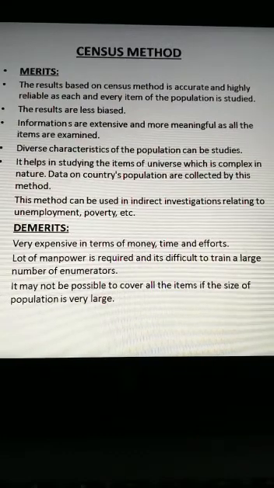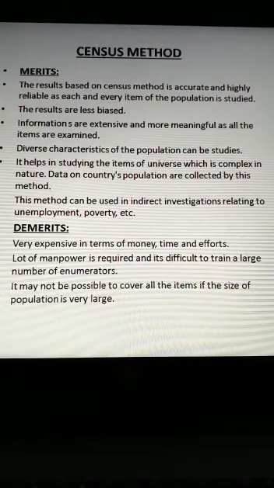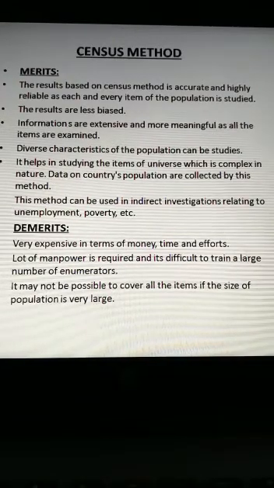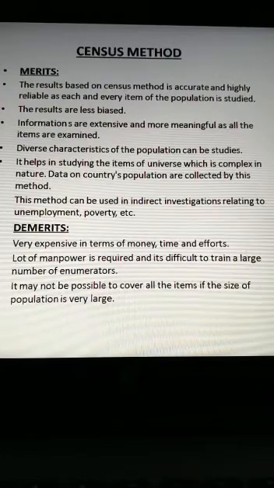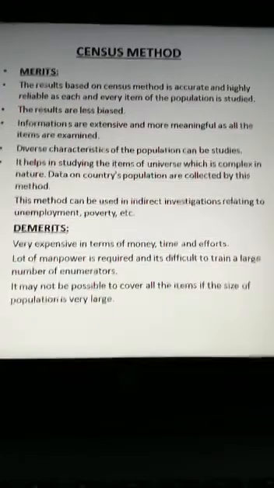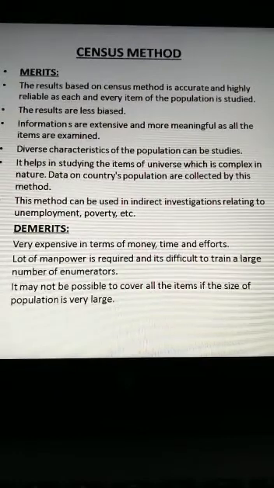And the information is extensive and meaningful, inclusive of all the things. If a person is contacted, all the information will be collected from that person, so the information will also be very meaningful, and all the diverse characteristics in the group can be studied here.